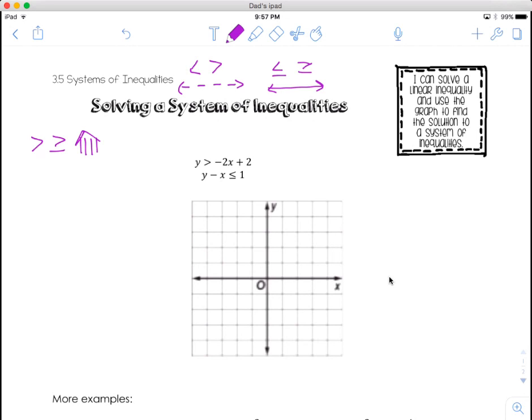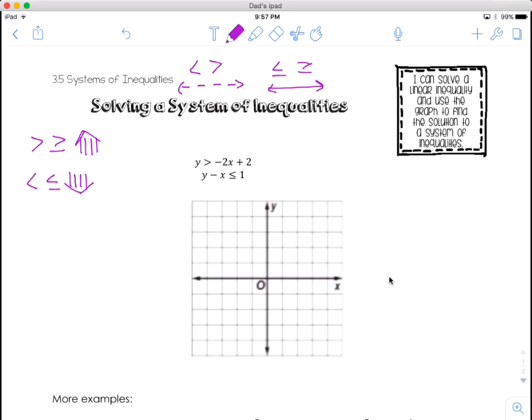And if you have a less than or a less than or equal to, you shade down. Because we're always talking about y being greater. Well, y gets greater as it goes up on the y-axis. And if it's a less than or equal to, we're talking about y being less than. Well, y decreases or gets smaller as it goes down on the y-axis. So that's why we shade up and we shade down.